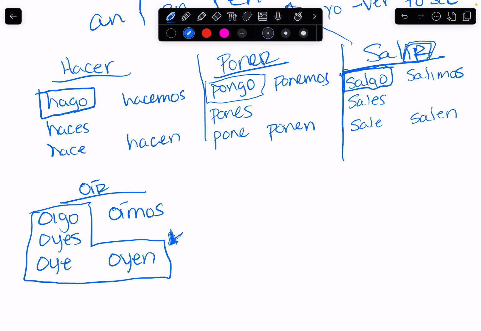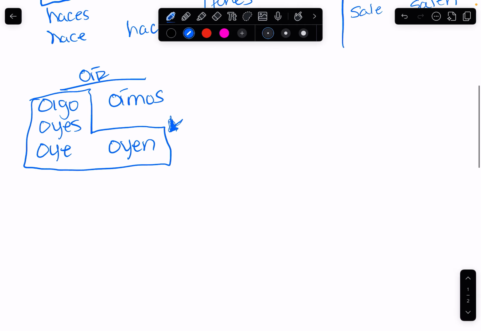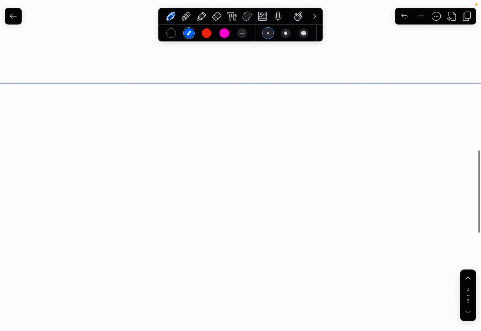Okay, so these first 6 verbs are the first ones that you go through in the chapter. Then you move on to the next part of the chapter, which changes verbs from E to IE, O to UE, or E to I. An example would be pensar.